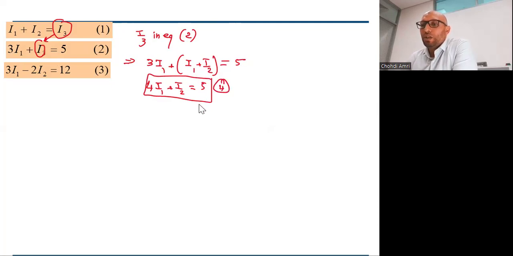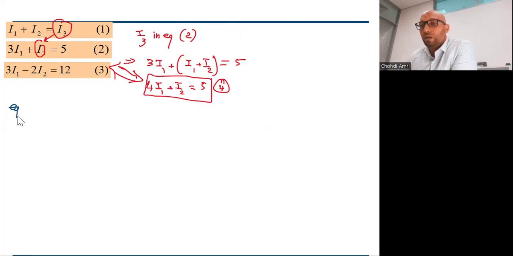So now we have a new equation, and we have a third equation that we did not use. So we're going to use these 2 equations to eliminate one unknown and to get an equation with a single unknown. So you see here that we have, for example, minus 2I2, and here we have I2. So we can multiply by 2 and we add.